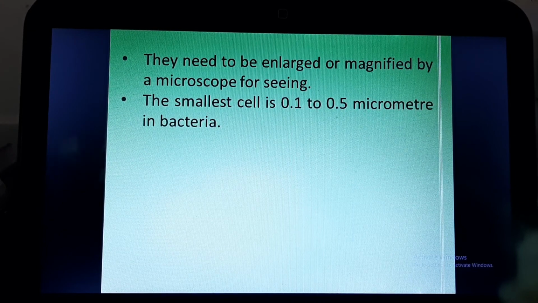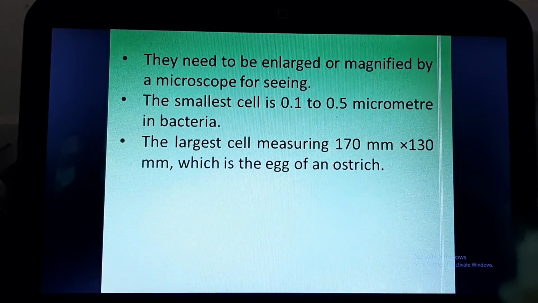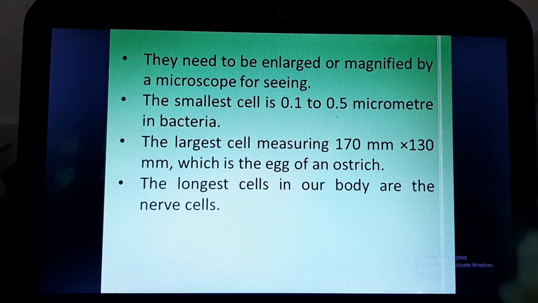The smallest cell is of 0.1 to 0.5 micrometer, which is a bacterium, and the largest cell is the egg of an ostrich.